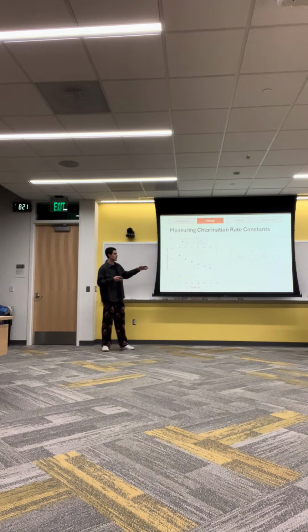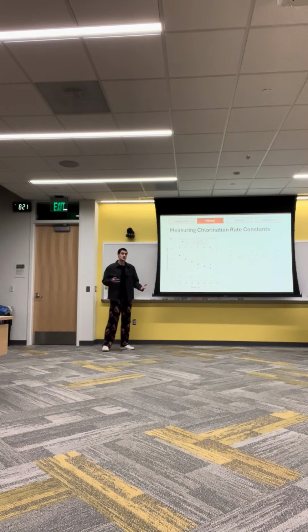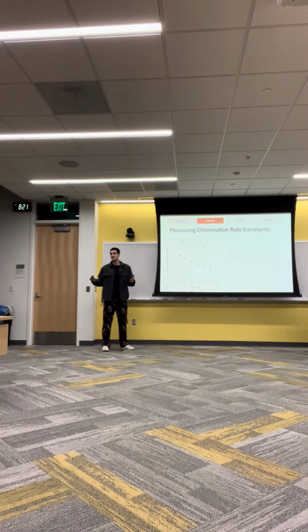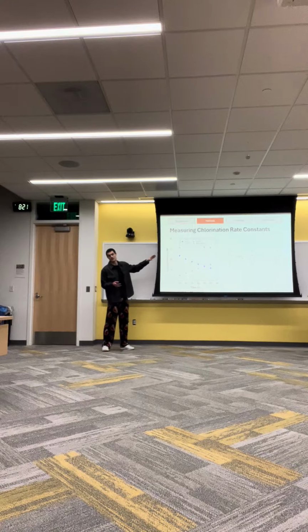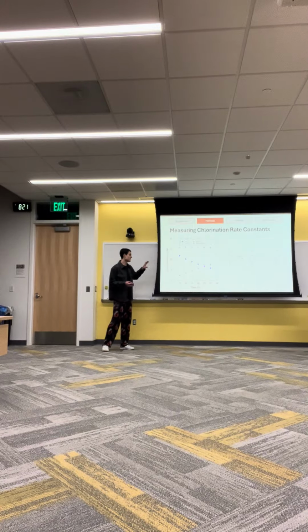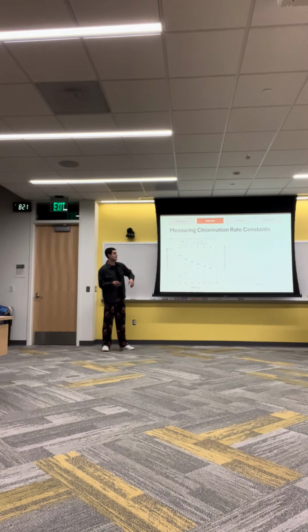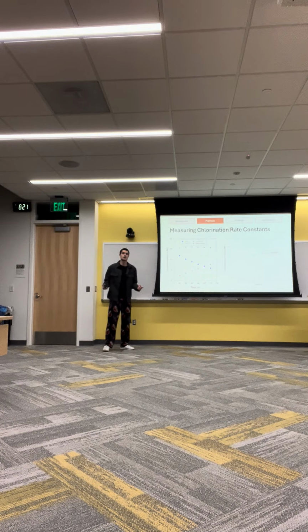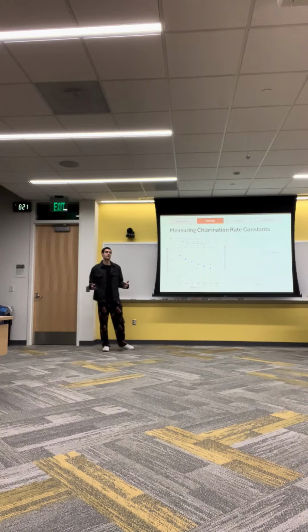But since this isn't linear, it's kind of hard to extract data from it. So we can linearize it, because it's pseudo first order reaction, we can plot ln of the concentration of 4-chlorophenol as a function of time. And that gives us a linear line that the negative slope of is the chlorination rate. And that's how we determine the chlorination rate from all the different reactors we ran.